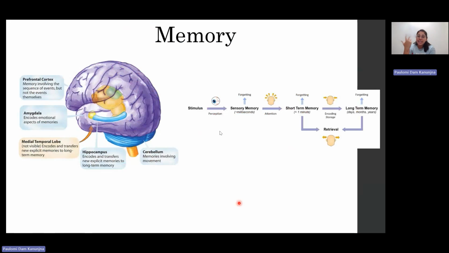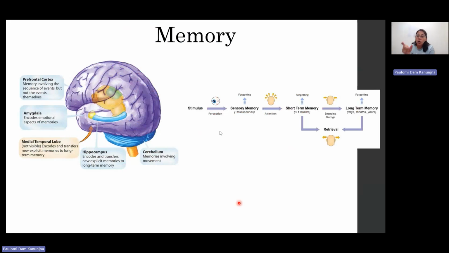So you have sensory memory, like I told you, you touch something, you see something, and you store it. That's milliseconds, a very short memory. Then you have short-term memory, which works in seconds to minutes. And then you have long-term memory, which is stored on a days to years basis.